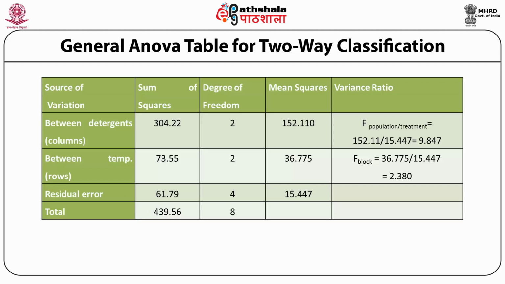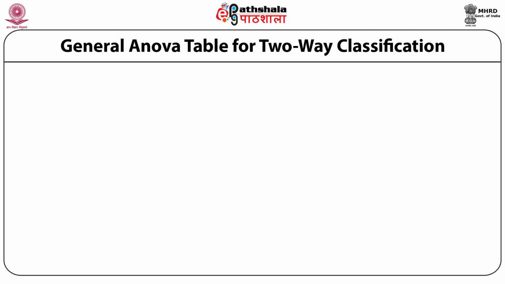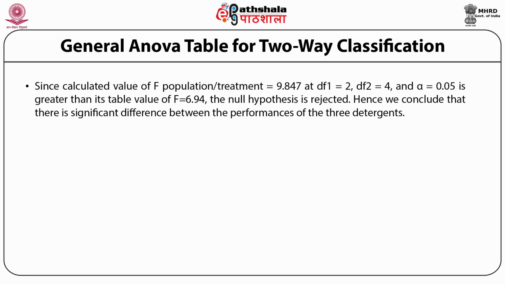So looking at the F distribution table, mostly given at the back of the statistical books, you can find out the value of F table, and that is also called the critical value. Now here you can see that the F table value is less than the calculated value, or you can say the calculated value 9.847 is greater than the table value. Therefore, the null hypothesis is rejected. Hence, we conclude that there is a significant difference between the performance of three detergents.